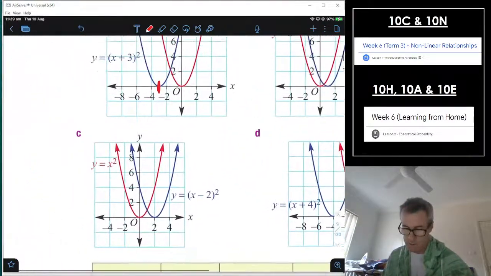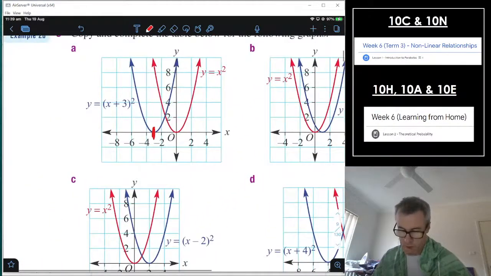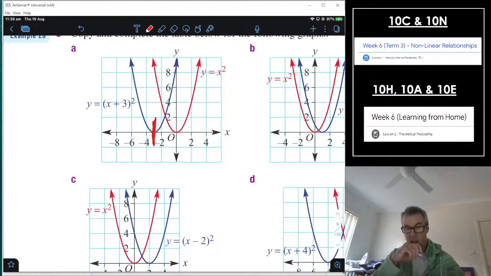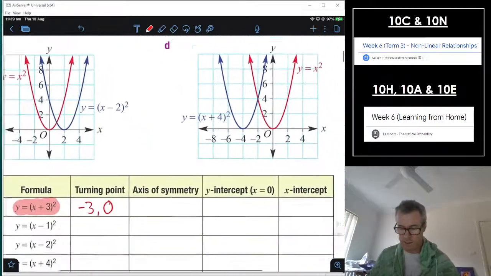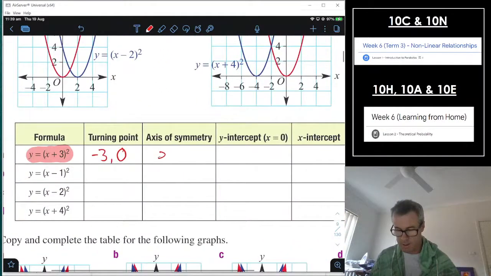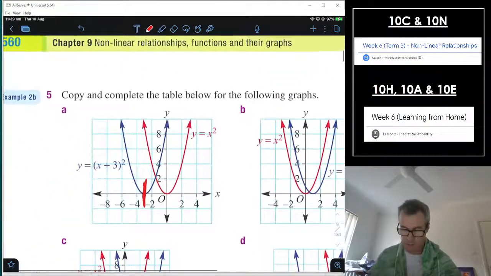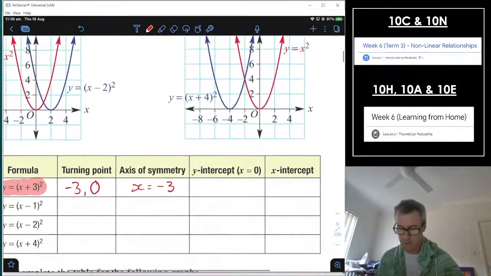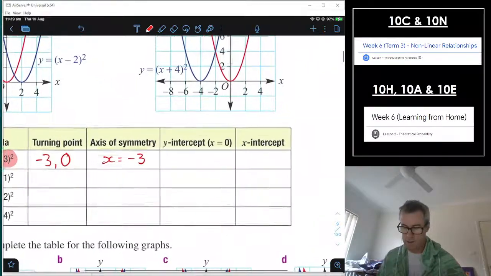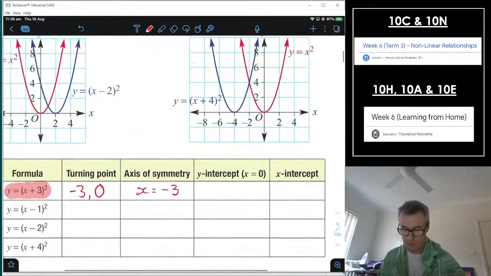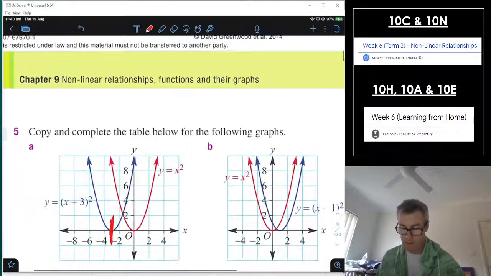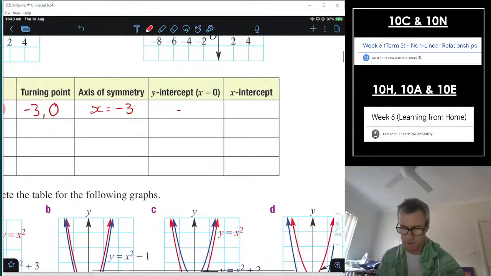The axis of symmetry, remember, is the point where one side is the same as the other side, just reflected. So the axis of symmetry is x is equal to -3, because that's where the symmetry point starts and ends. It's the same as the turning point. The y-intercept, where x is equal to 0, is -3. No, wait, that's wrong.